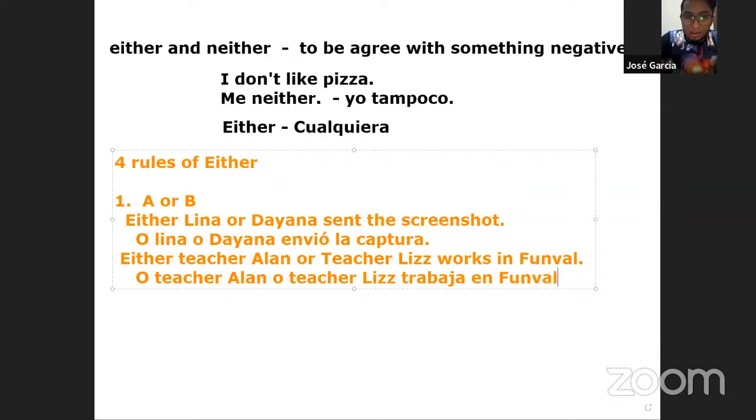That is Spanglish, just because we use the title teacher. No voy a decir el maestro Alan, right?